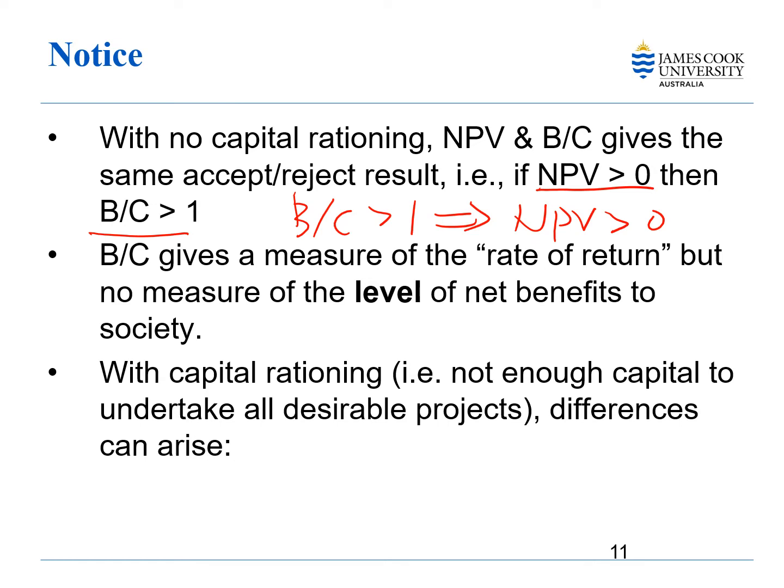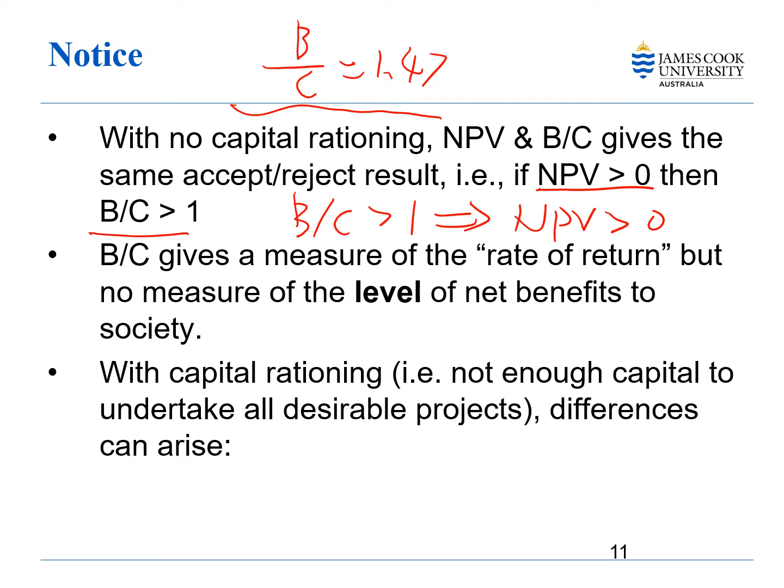One advantage of the benefit cost ratio is that it gives you a measure of the rate of return. For example, in the previous example, we computed a benefit cost ratio of 1.47. Then you can think the associated rate of return will be 47%.